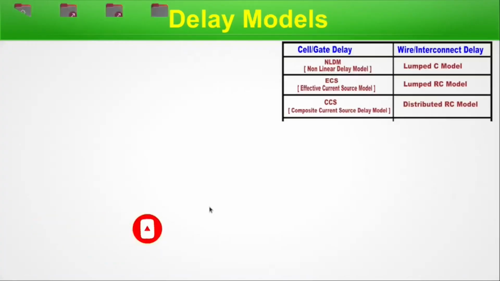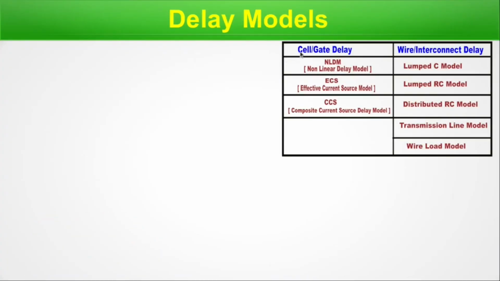Delay models. We have already discussed cell or gate delay and wire or interconnect delay. So, let's know the names of the delay models. NLDM, ECSM and CCS are delay models for gate or cell delay. And for wire or interconnect delay, we use the lumped C model, lumped RC model, distributed RC model, transmission line model, and wire load model. NLDM is the nonlinear delay model, ECS is the effective current source model, and CCS is the composite current source model.